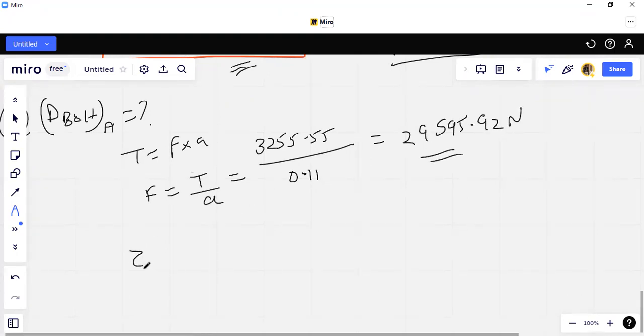The second equation was stress in bolt will be force divided by area of bolt, right? The shear stress in bolt is given, that is 105 megapascal. We are not going to convert this.